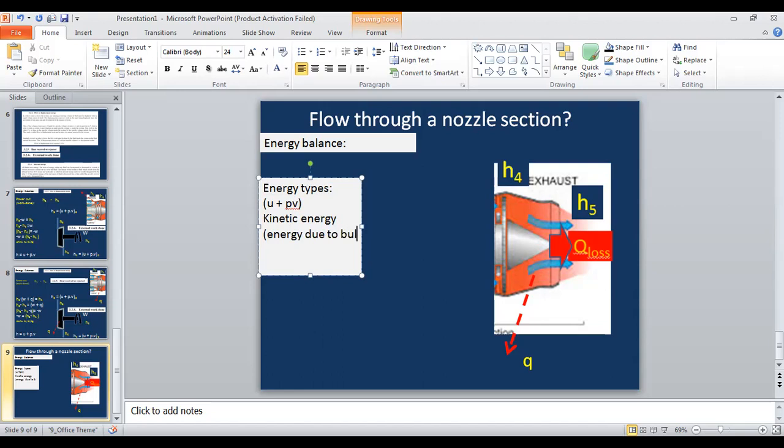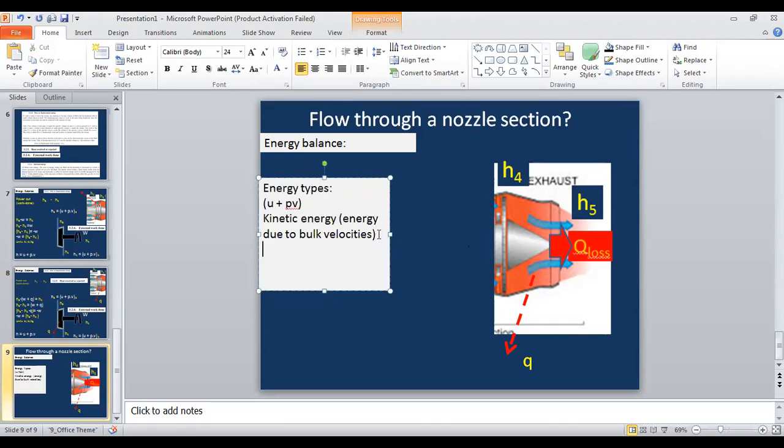Bulk velocities. Because of the velocity, there is kinetic energy. And also there is another component you should learn, potential energy. Here, potential means gravitational potential.